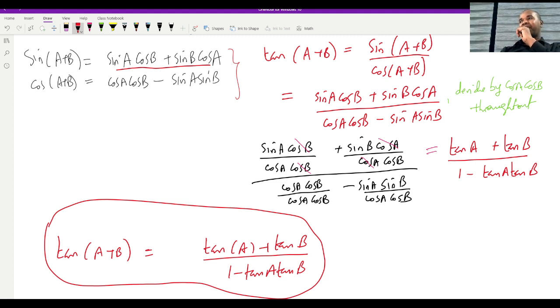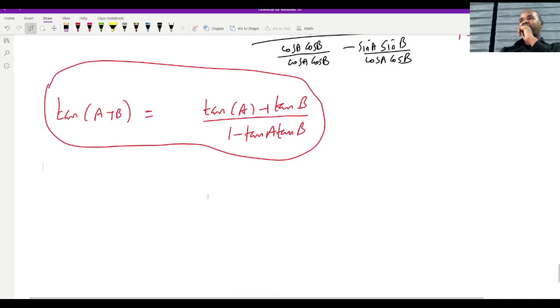Now we are going to derive a similar formula for tan(A − B).